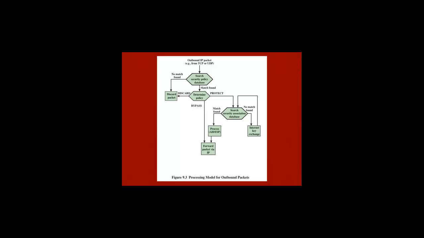If no entry is found, then IKE is invoked to create an SA with the appropriate keys, and an entry is made in the SAD. Then the matching entry in the SAD determines the processing for this packet. Either encryption, authentication, or both can be performed, and either transport or tunnel mode can be used. The packet is then forwarded to the network for transmission.